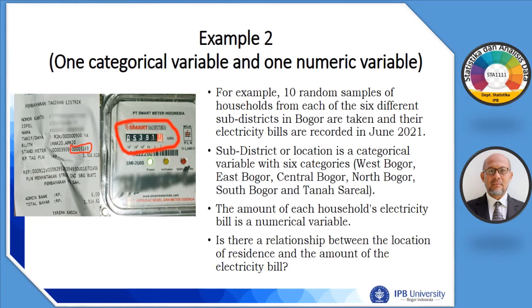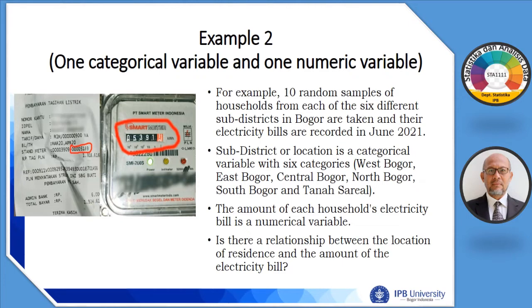Sub-district or location in this case is a categorical variable with 6 categories. Let's say West Bogor, East Bogor, Central Bogor, North Bogor, South Bogor, and Tanah Sareal.